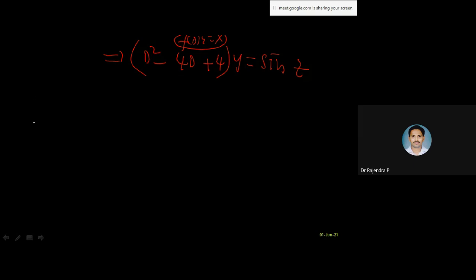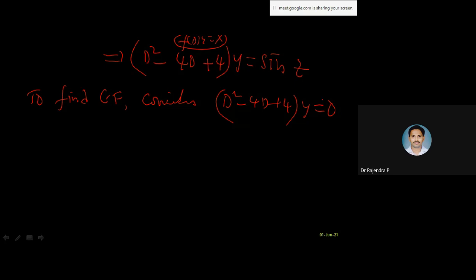Okay, now you tell me one by one. To find the complementary function, we have to consider D square minus 4D plus 4 into y is equal to 0, the homogeneous form only. So what is your auxiliary equation from this? D square minus 4D plus 4 is equal to 0. What are the roots? 2 and 2.